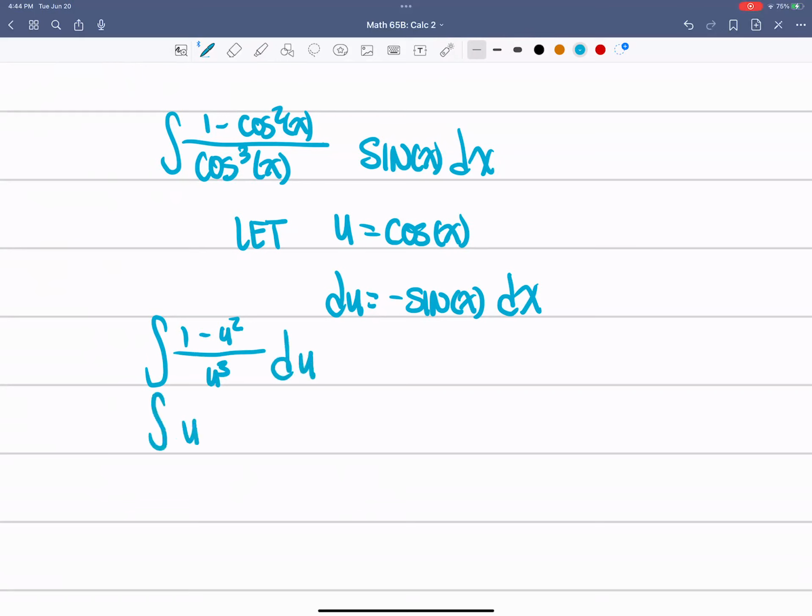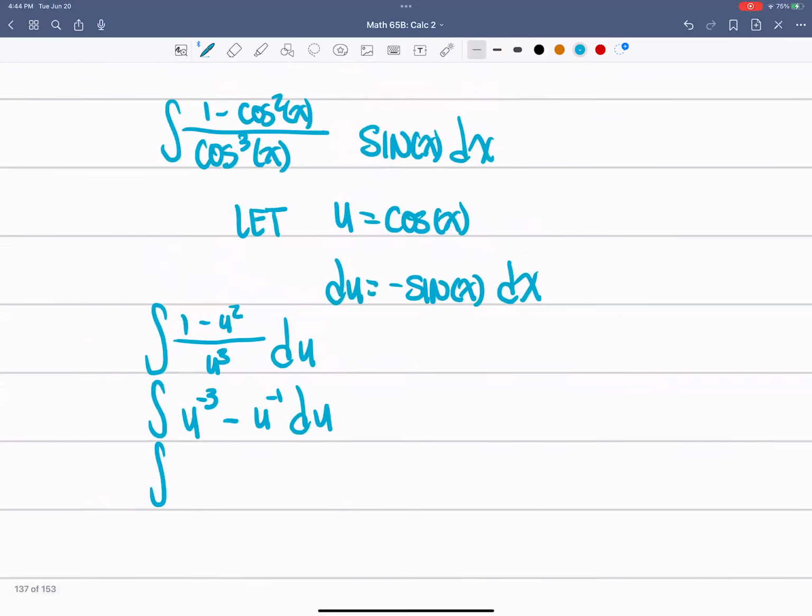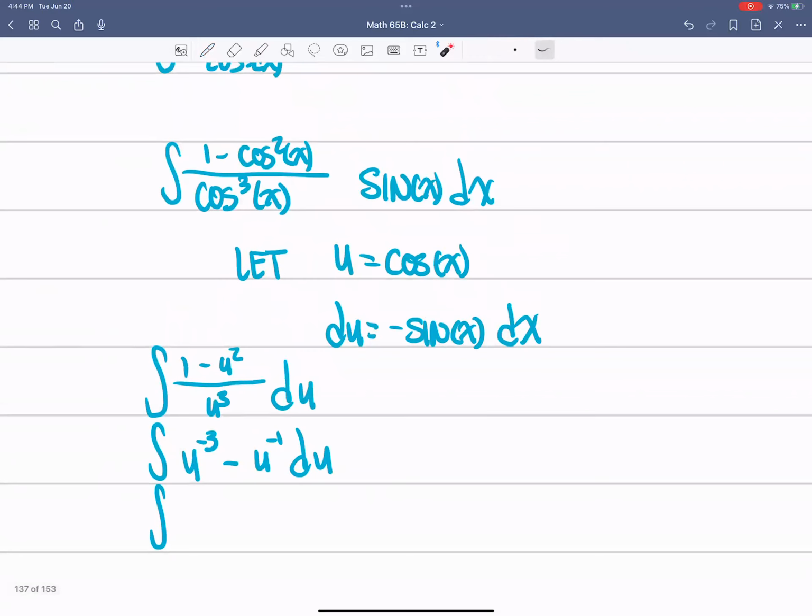So that's going to be u to the -3 minus u to the -1 du. Oh, and let's fix it because it should have been negative over here. Let's switch these. There we go.